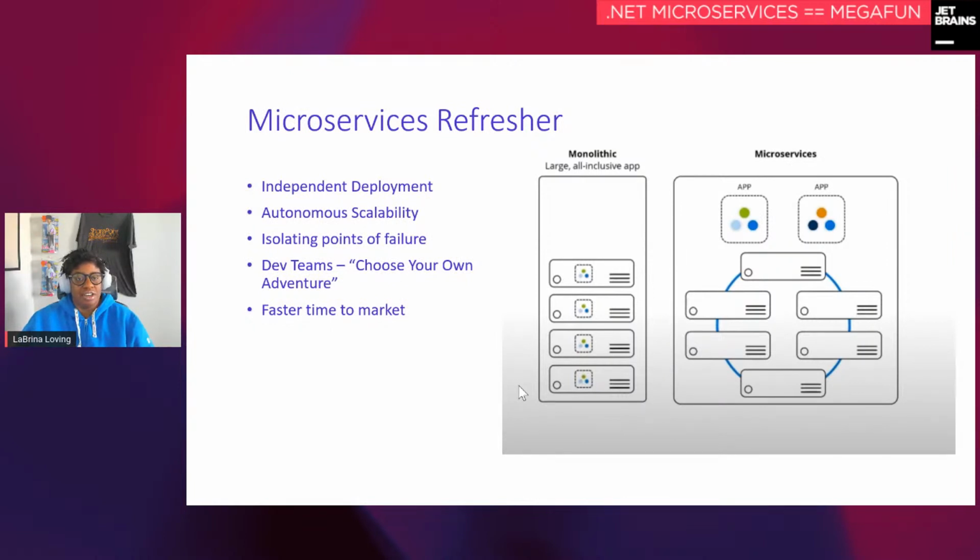I might have a team building something for data science and other things, and they're using Python. And then I might have another development team working on the API layer, and they're using .NET Core. Typically in a monolithic environment that poses challenges, but in a microservice environment that is very, very simple to do.